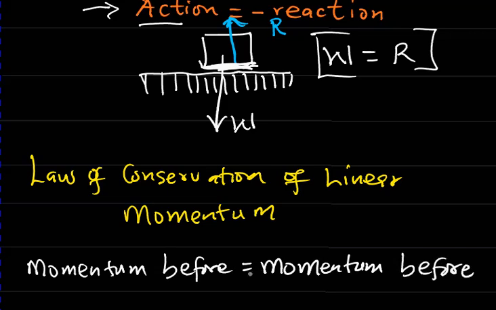It's not created, it's not destroyed. Every time you have conservation, it's simply a statement of not created, not destroyed. Whatever it is before is always going to be the same amount after. Momentum before collision is equal to momentum after collision.